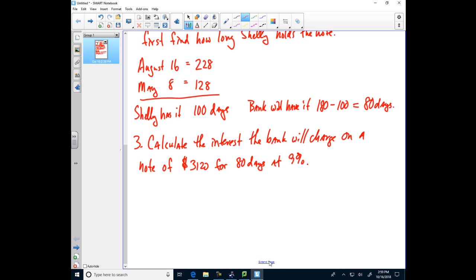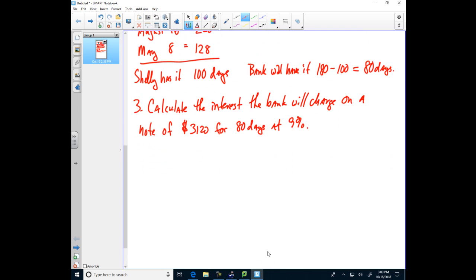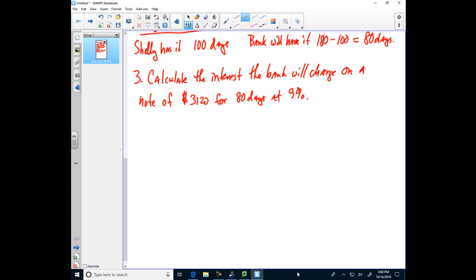That's what's going on there. So let's do that. Interest is PRT. Principal, 3120. Rate, 9% turned into a decimal, is 0.09. And here we're going to have 80 over 360.